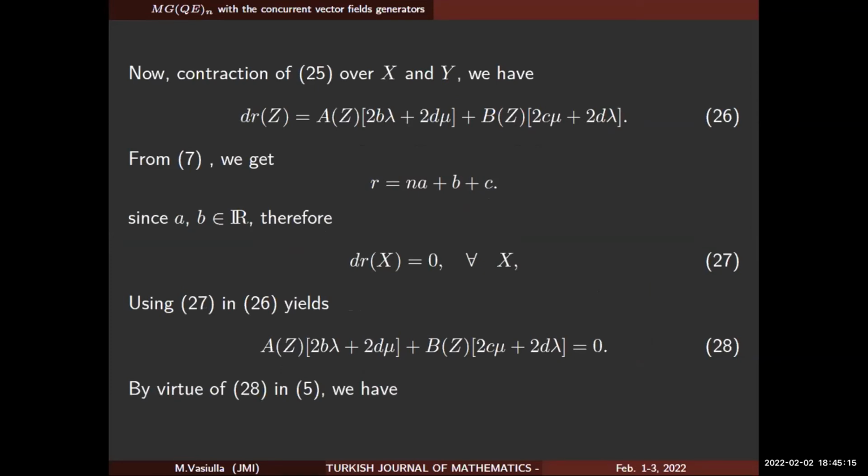Now, contraction of 25 over x and y gives 26, and from 7 we get r equal to n a plus b plus c, where r is the scalar curvature. Since a and b are real numbers, the derivative of scalar curvature is 0 for all x, and using dr x equal to 0 in 26, we get equation number 28.